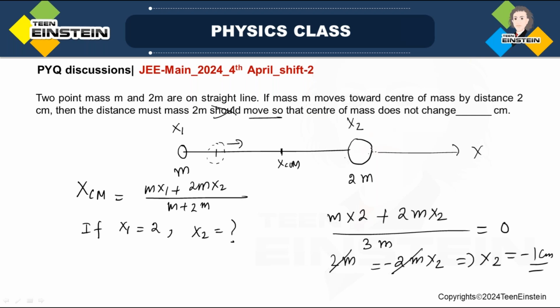To keep the center of mass at the same position, it has to move in the opposite direction by half of the distance, that is 1 centimeter. So if this mass moves 2 centimeter, then this has to move 1 centimeter.